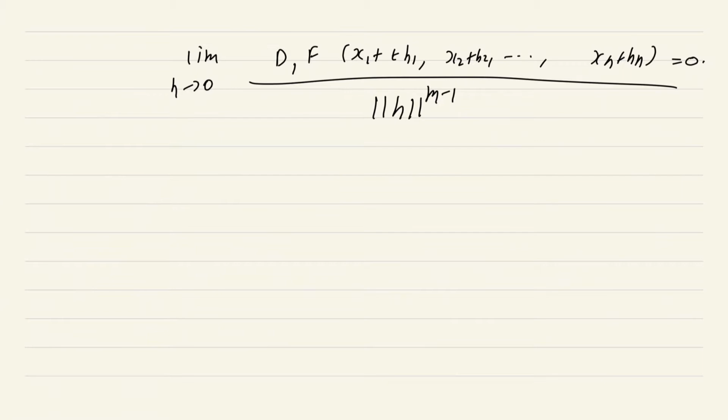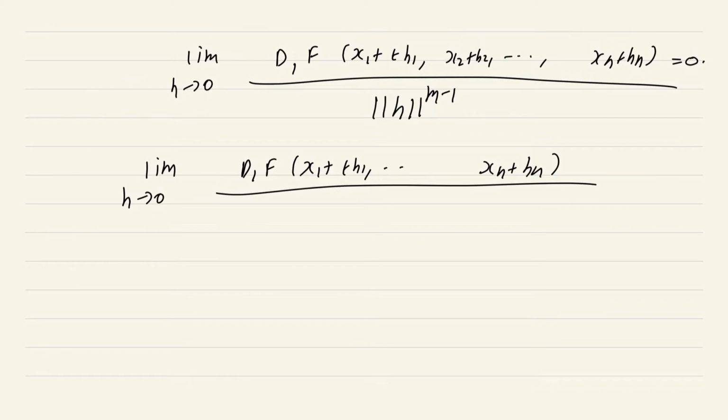Now again, by the induction hypothesis, we know that the limit h going to 0 of d1 of f of x1 plus t h1, dot dot dot xn plus hn, I am abbreviating because I am getting bored writing the same thing again and again, but in the denominator you have the norm of t h1, h2, dot dot dot hn to the power m minus 1, equals 0. This just follows by the induction hypothesis.